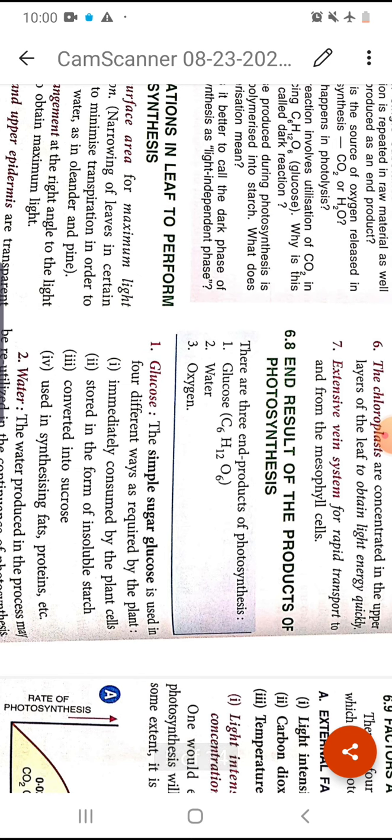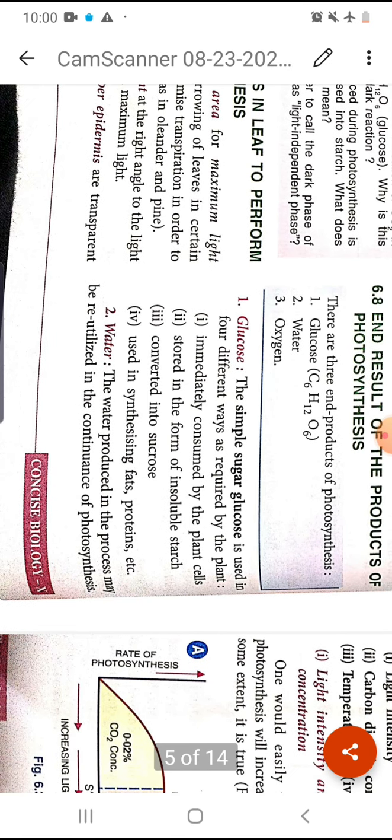Now the end results of photosynthesis, that is glucose, water and oxygen. So glucose is the simple sugar which is immediately consumed by the plant. The plant can convert sugar into starch, sometimes into sucrose, sometimes into fat and sometimes into oils, and this helps in synthesizing fats and proteins.